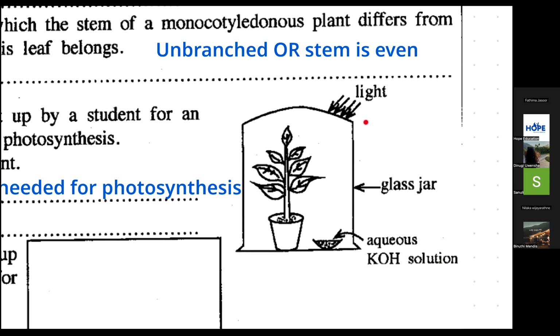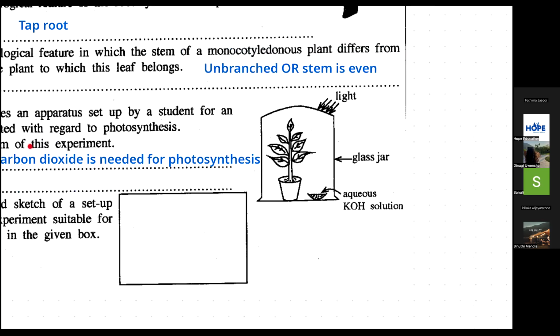Light is there, water is there, but it doesn't have carbon dioxide, so it won't do photosynthesis. But we need to be sure it is because of the lack of carbon dioxide. There could have been any other factor too, right? So what do we do? The same setup, right? The same, yeah.